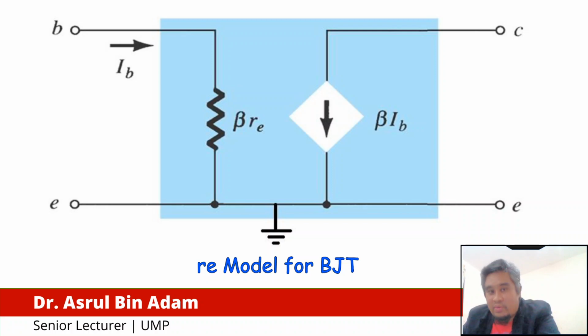We have a base here, and then a resistor, beta RE, and then a current source, beta IB, ground, and then we have a collector and an emitter. On the left side we have a base, then the emitter directly connects to the ground.